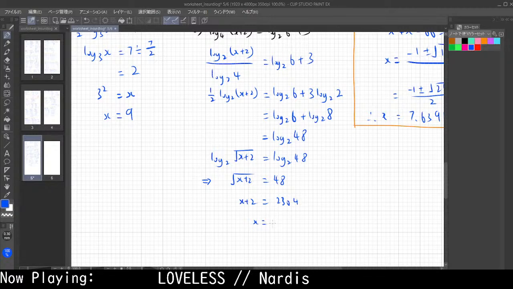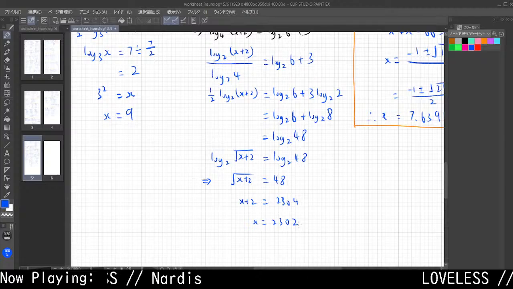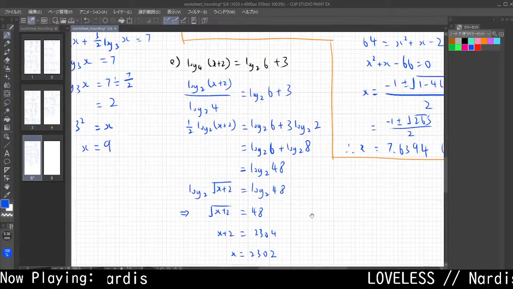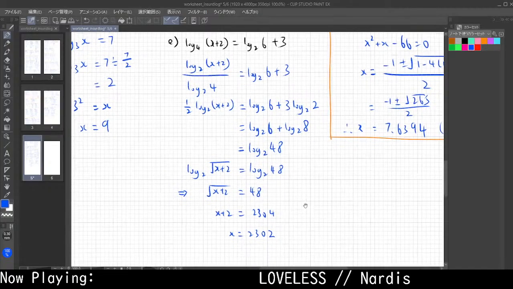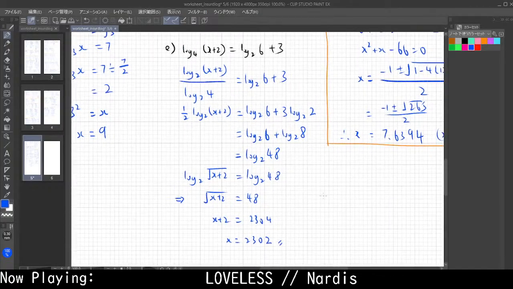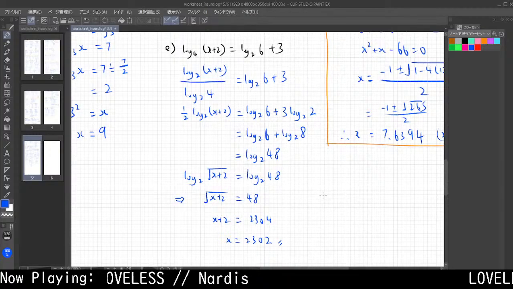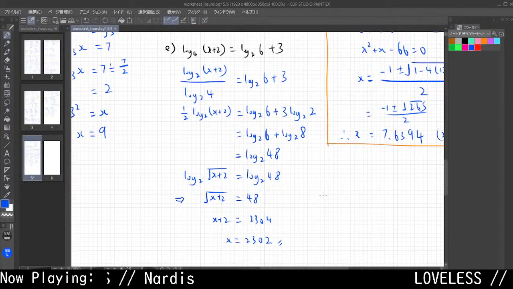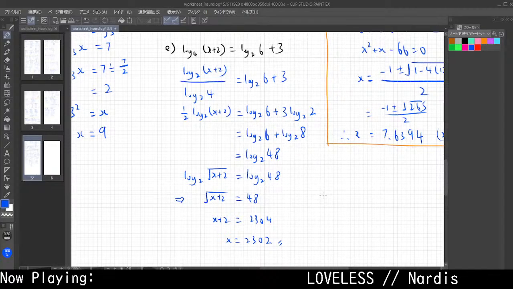x equals 2304 minus 2, the plus becomes minus, so 2302. Let me just double check this.